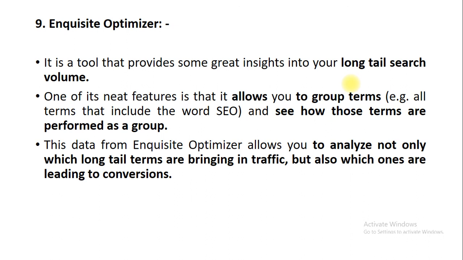When I want to see how many searches are performed for bread alone, or butter alone, that is one thing, but when I want to analyze by combining two search terms, that is possible with Enquisite Optimizer.